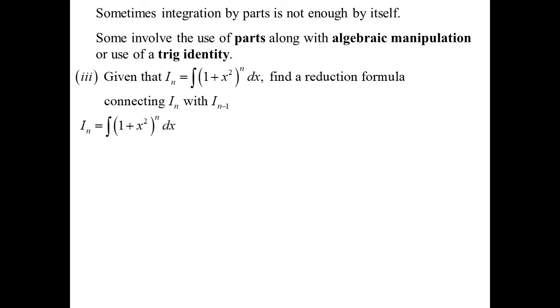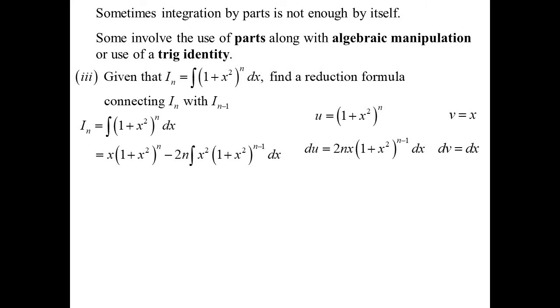Okay, so I've got (1 plus x squared) to the power of n. If I do parts, I'll get that du is 2nx (1 plus x squared) to the n minus 1. dv will be dx, v will end up being x. So I'll have uv, x times (1 plus x squared) to the power of n, minus the integral of v du. I'll pull the constant out, so minus 2n, x squared, (1 plus x squared) to the n minus 1.